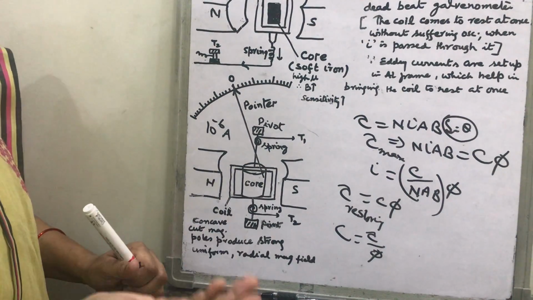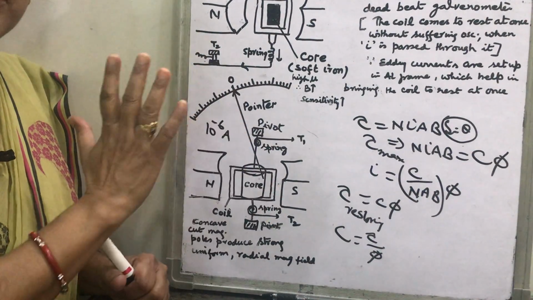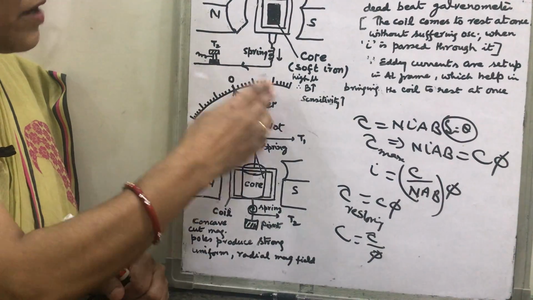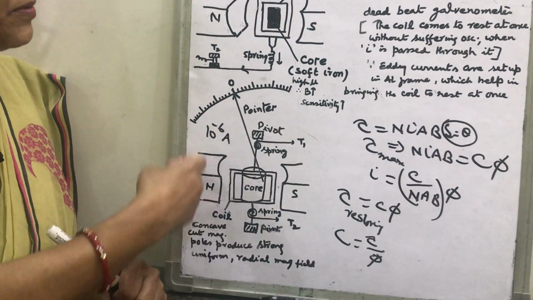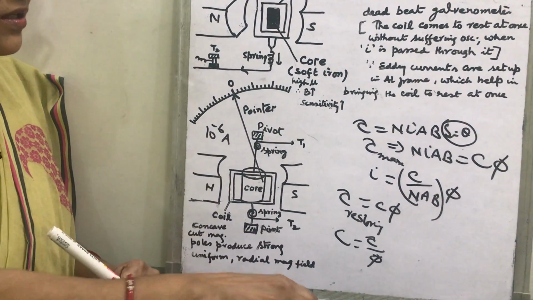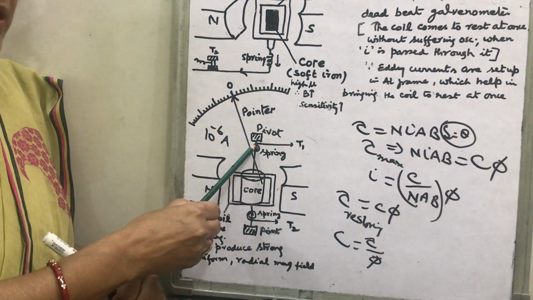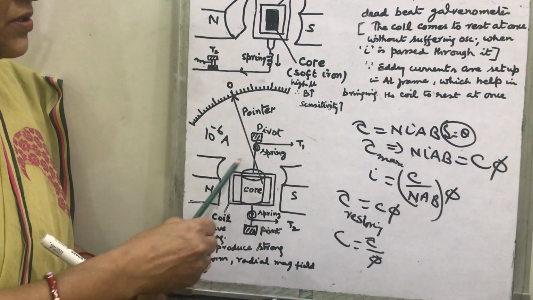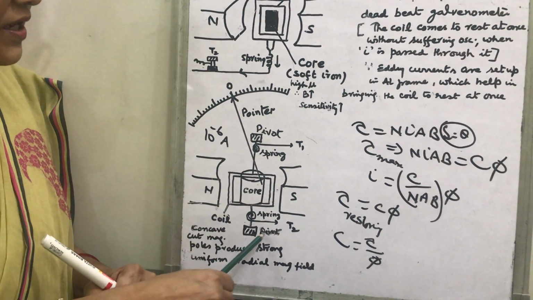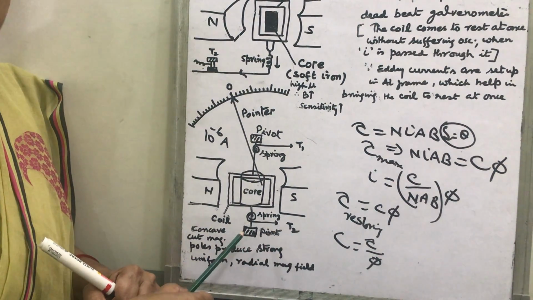Some more facts about the galvanometer. Mostly the galvanometer used in the lab is the pivoted type galvanometer. In this one, current enters from T1, goes through the coil and comes out again from T2.